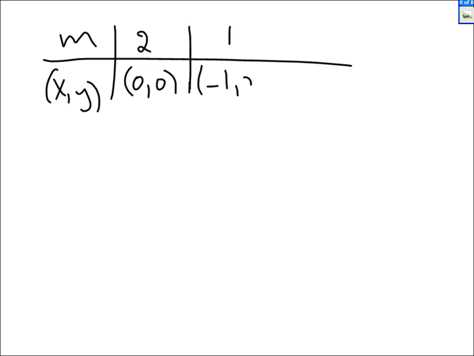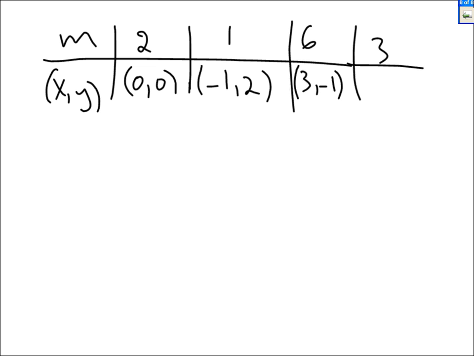It's at negative 1, 2. And the next one is 6 kilograms, and it's at 3, negative 1. The next one, 3 kilograms, it's at 2, 2. And the next one and last one, 2 kilograms, and it's at 0, 1.